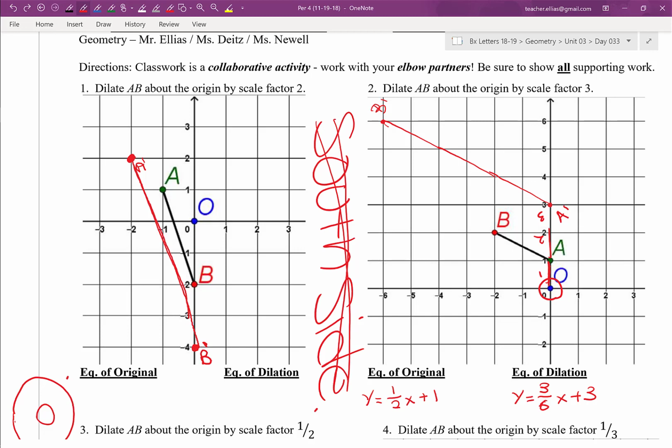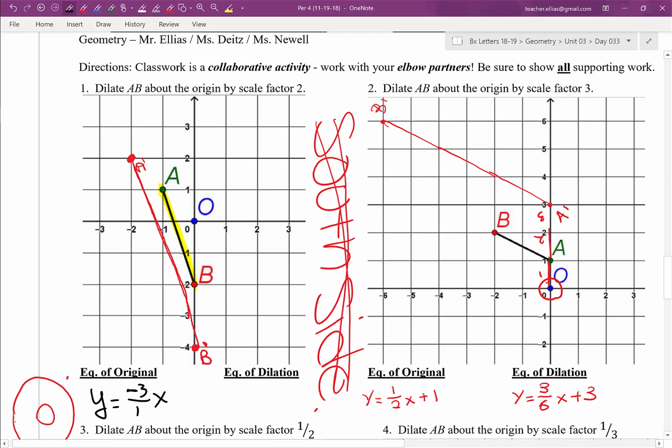What's the equation of our original line? What's the slope for AB? Yeah, you go down 3 over 1. Stick an x next to it.